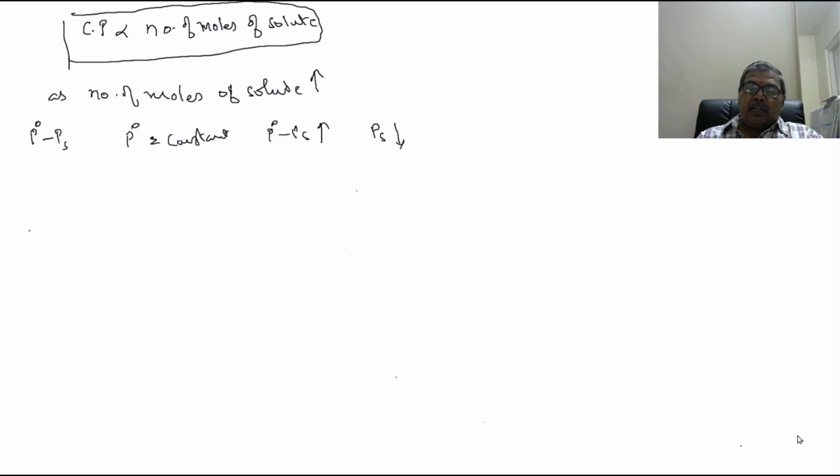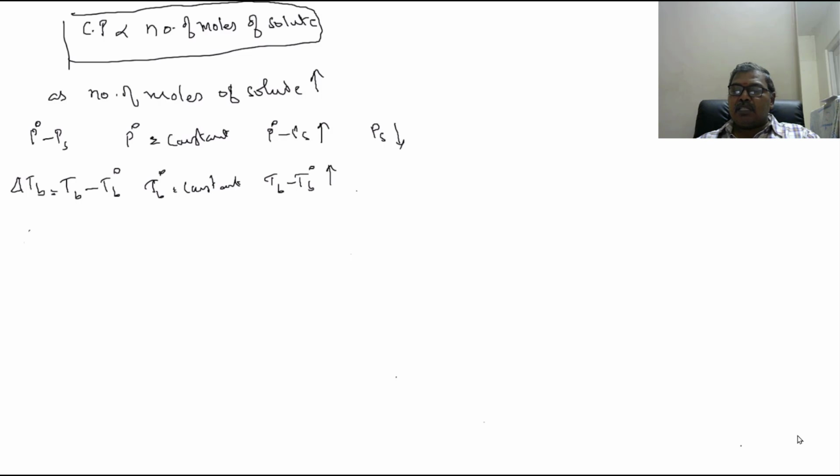Next, delta T_b. Delta T_b means what? T_b minus T_b naught. Because whenever a non-volatile, non-electrolyte solute is dissolved in a pure solvent, its boiling point increases. So delta T_b is equal to that. Now, T_b naught is constant, and T_b minus T_b naught is increasing, which means that T_b increases.